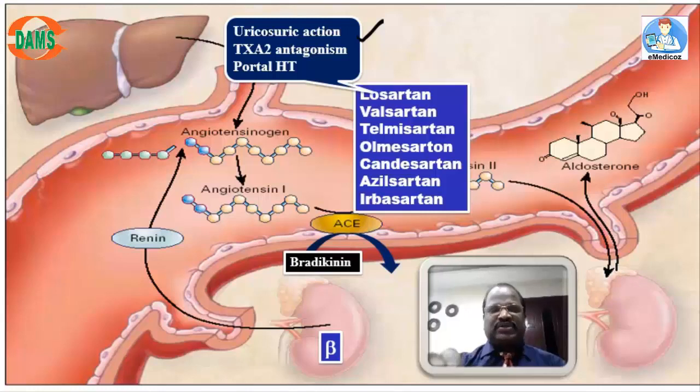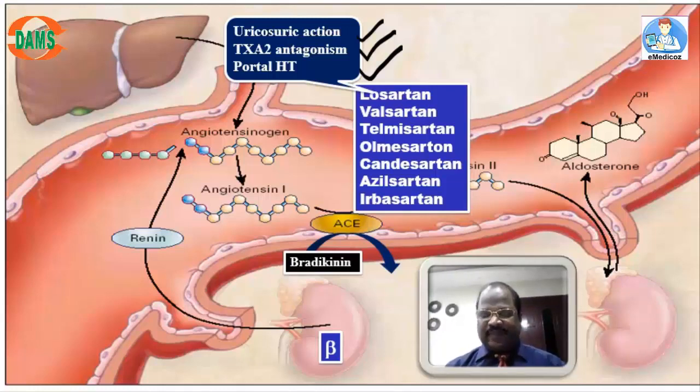Point 2. Losartan has thromboxane A2 receptor blocking property. That means it additionally has anti-platelet activity. One more important point, losartan can be useful for treatment of portal hypertension. That's about losartan. Coming to the second drug, valsartan, a very important drug.